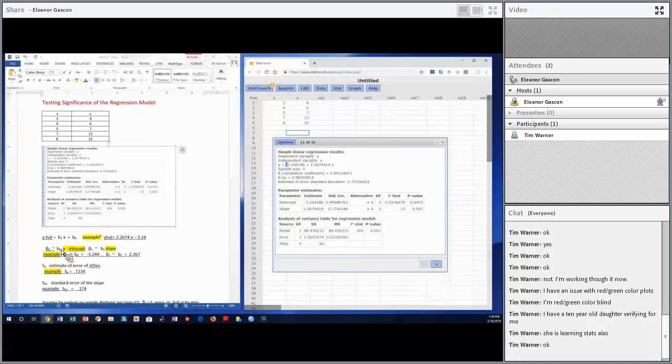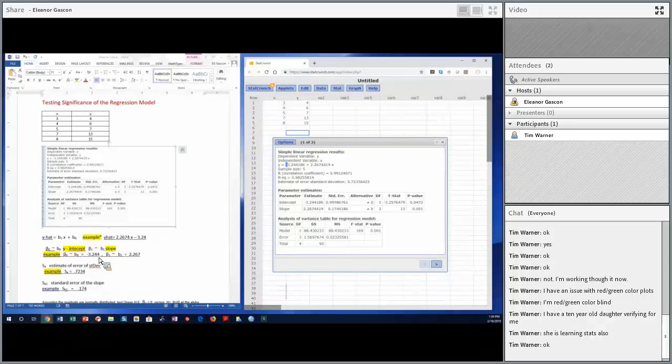Well, here we have the coefficient of the y-intercept, and beta 0 is the y-intercept of the regression line of the population. In the same way, B1 is the slope of this line, and beta 1 is the slope of the regression line for the population. Okay? We assume them to be equal.